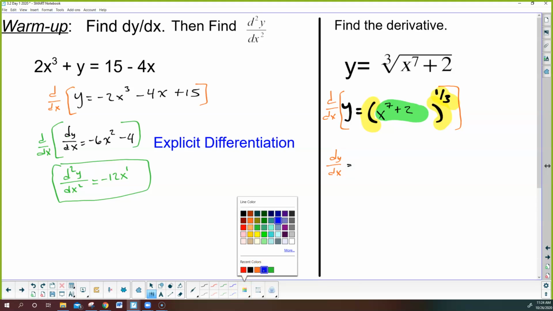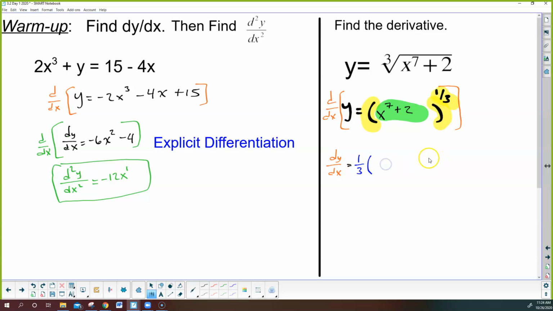Then I've got the chain rule. I have to take the derivative of the outside, so the 1/3 is going to come down in front. And then I'm going to take 1 away, but when I take 1 away, it's fractions. I just want to subtract that creative form of 1. So 3/3, well, when I do that, 1 minus 3 is negative 2/3.